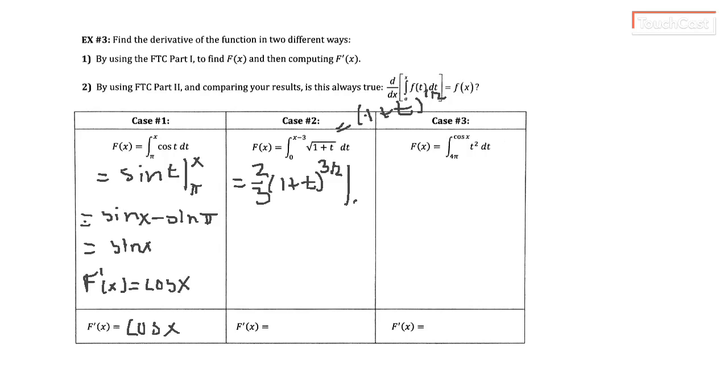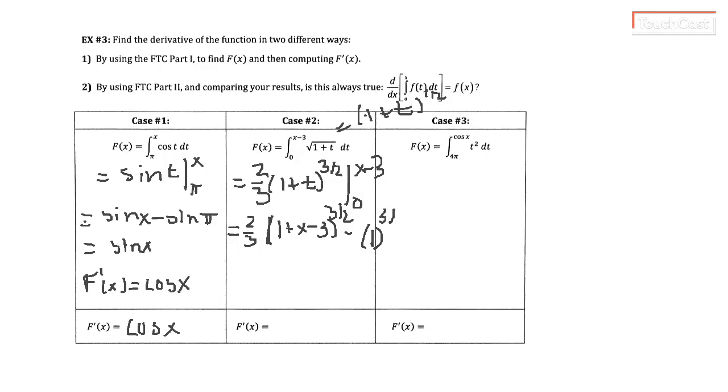And we're looking at that from 0 to x minus 3. So now let's keep evaluating. We're going to have 2/3 times 1 plus x minus 3 to the 3/2. Minus, if I put 0 in, I'm going to end up with just 1 to the 3/2.